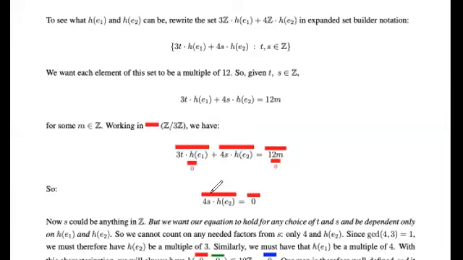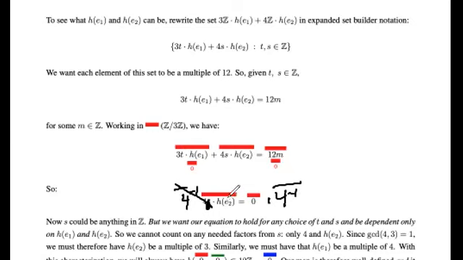We mod it out by 3, so that's what the red bar means. We think of that as a 1, so I'll just get rid of it. Think of just 4 times something. So we can multiply both sides by the inverse of 4 mod 3. And we can do that because 4 and 3 don't share any common factors. And then we're left with h of e2 is just 0 mod 3.